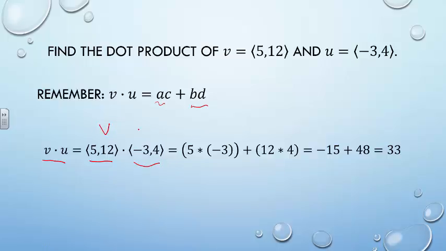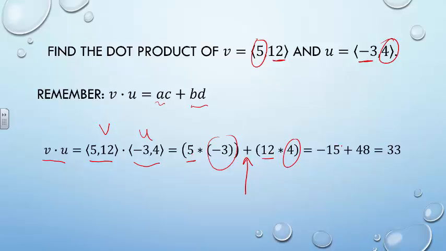This is our v, this is our u. Now let's take those x positions, and we've got a 5 in the x position for v, and we've got a -3 in the x position for u. We have to add this product to the product of the y positions, 12 for v, 4 for u.